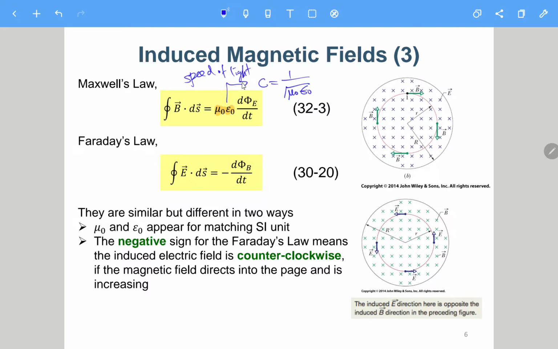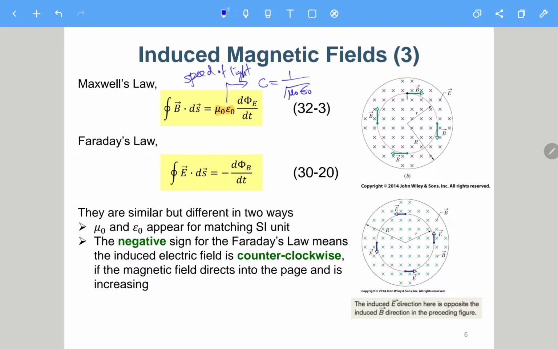Speed of light. So c equals 1 over square root of mu naught epsilon naught. For just a normal person, we only need to know c is 3 times 10 to the 8th meters per second, then it is quite enough.